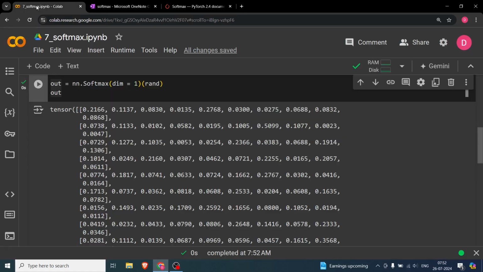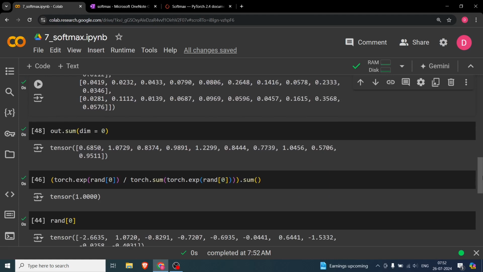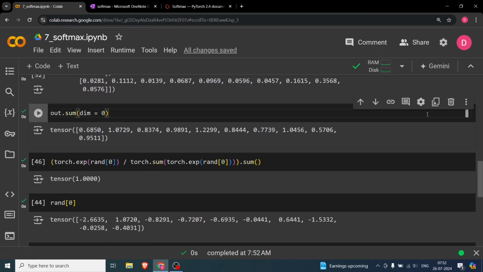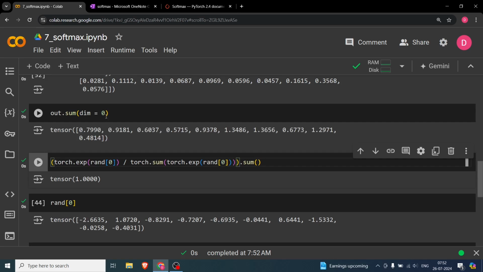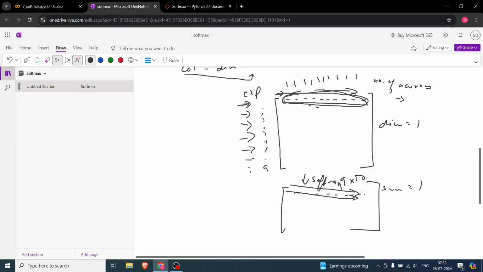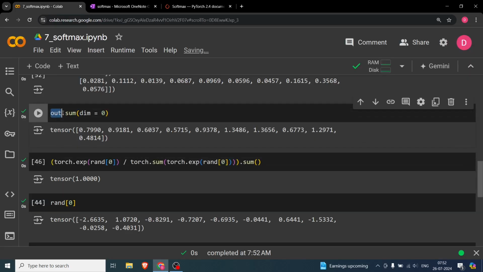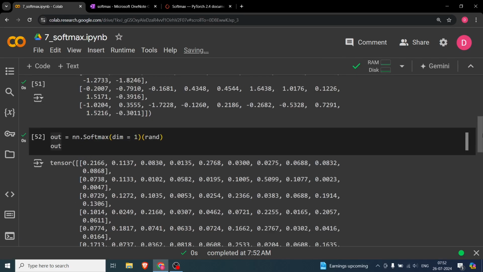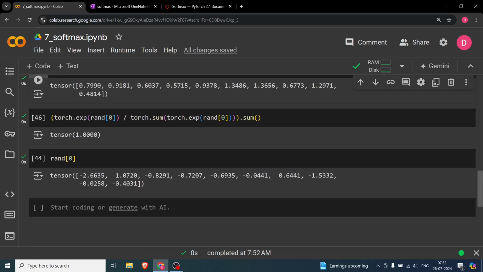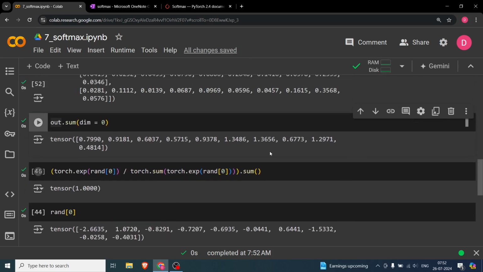Because it has been normalized. So I am going to just verify that. Dimension equal to 0 should not give you that, because dimension equal to 0 is through the rows, but we want it through the columns. So I'm saying out.sum, where out is the output of the softmax that we have got over here. If you sum it across dimension 1, I should get all of them as ones.